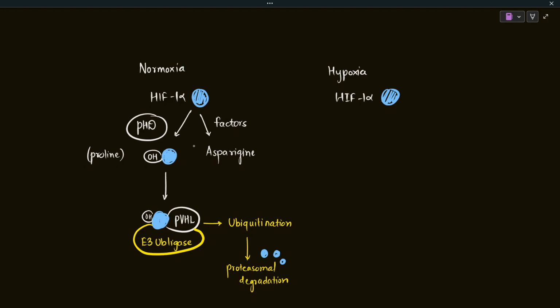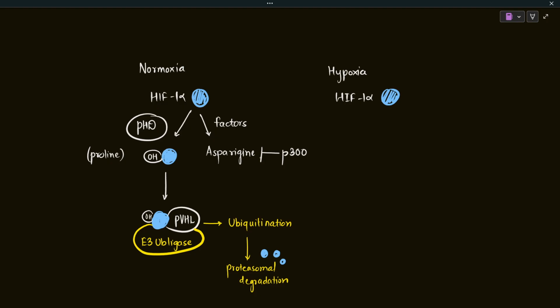Due to this hydroxylation, this doesn't undergo the proteasomal degradation, but hydroxylation of asparagine residue prevents the interaction with certain co-activators that I mentioned previously, the co-activators like P300.